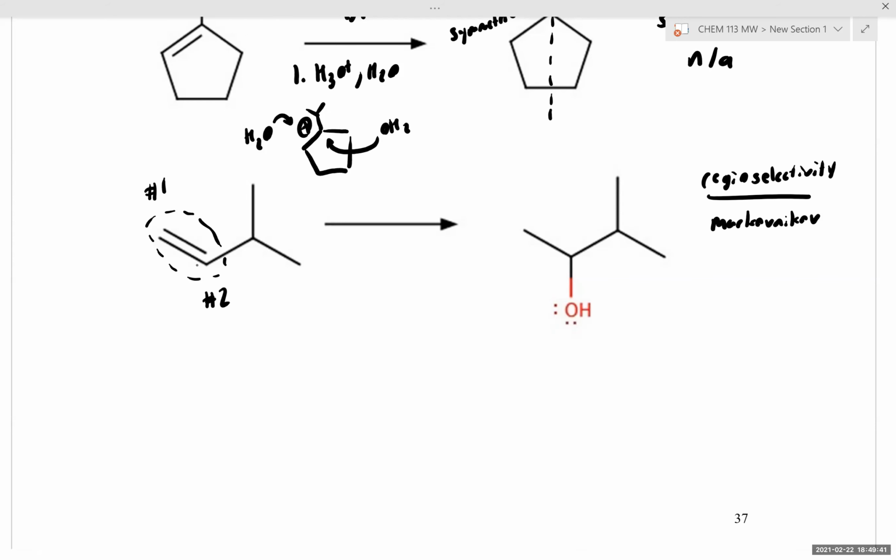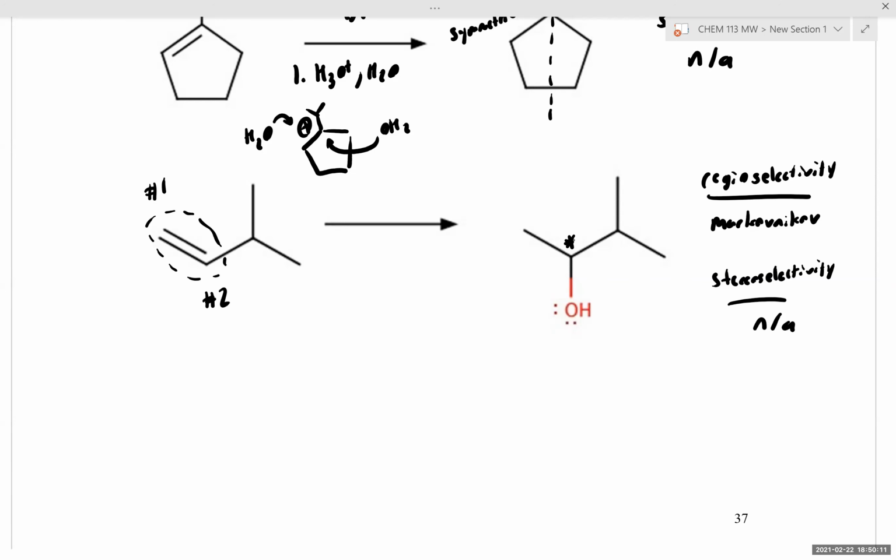Markovnikov selectivity is not the most substituted carbon, period. It's the most substituted carbon of the alkene or epoxide that reacts. And stereoselectivity, again, is sort of not available. In this case, this is a genuine stereocenter, so we will get a mixture of enantiomers.